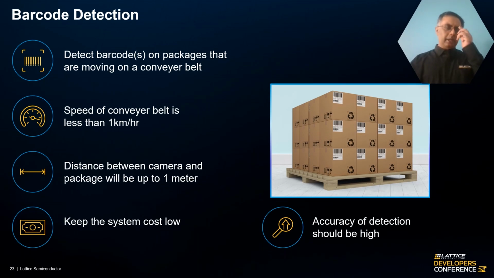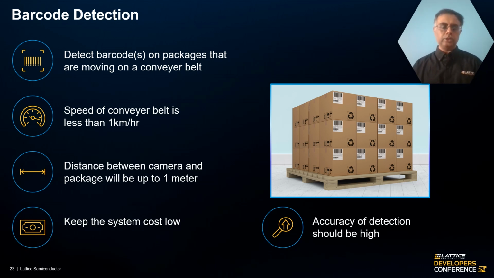Another application we want to discuss in this presentation, because of the time limitation we won't be able to go over all the applications that we are shipping today, is barcode detection. Traditionally, barcodes are scanned one at a time, which is a very inefficient way of doing things.